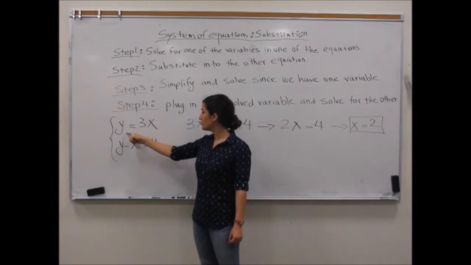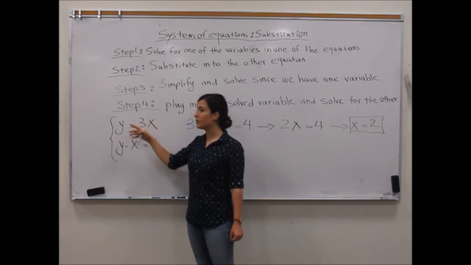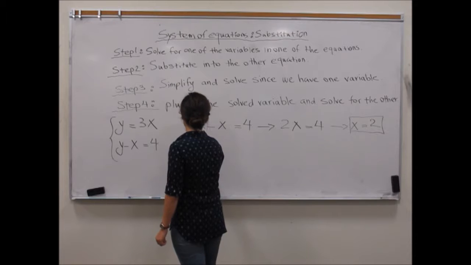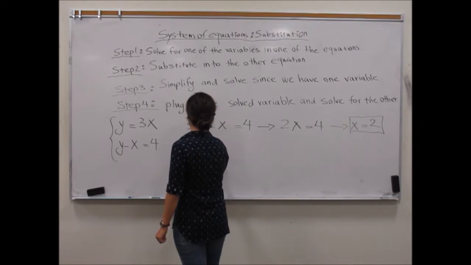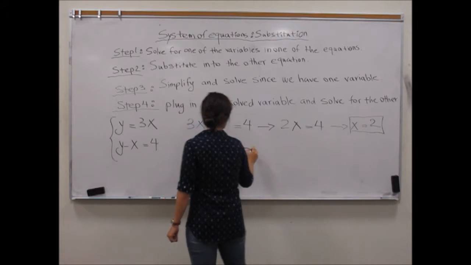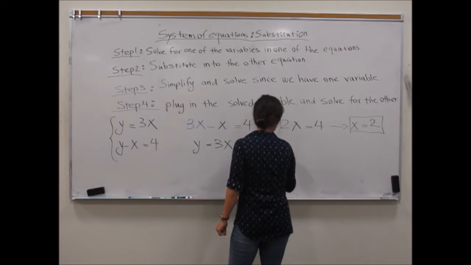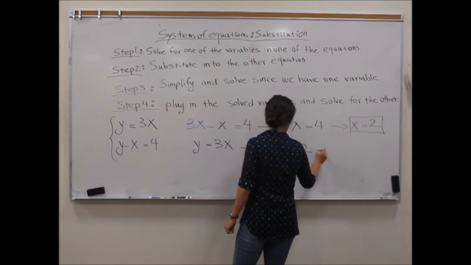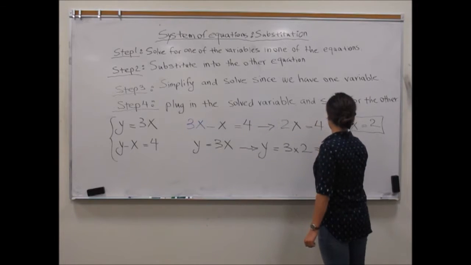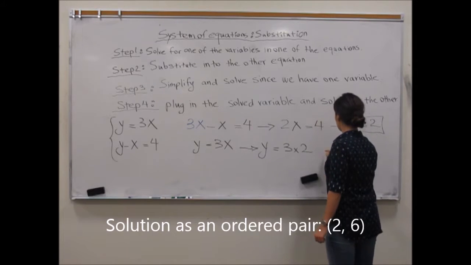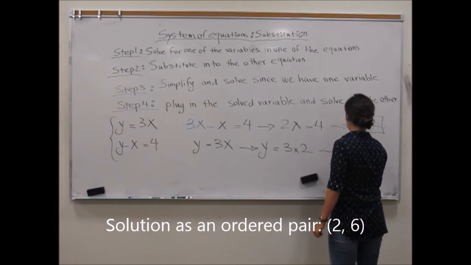It's better to choose this one because this is already solved for y. So in y equal 3x, I'm going to plug in the 2, so I have y equal 3 times 2, then I would have y equals 6.